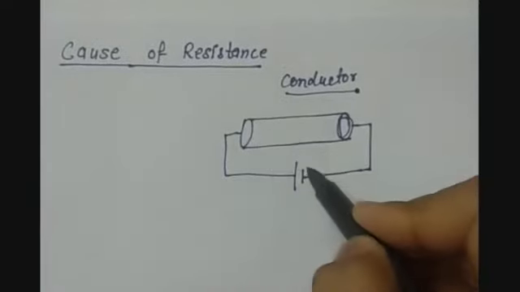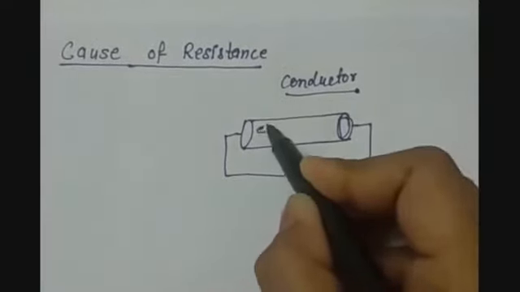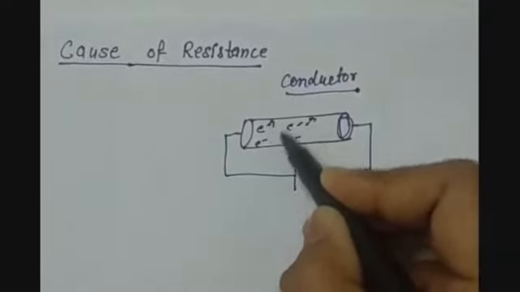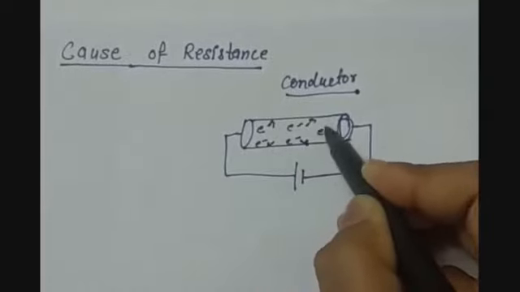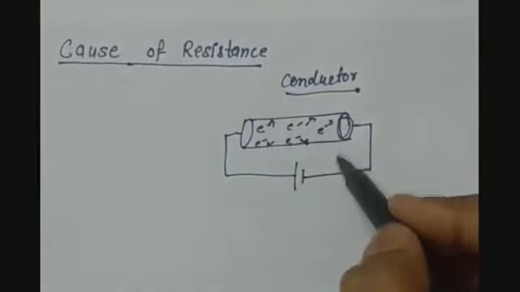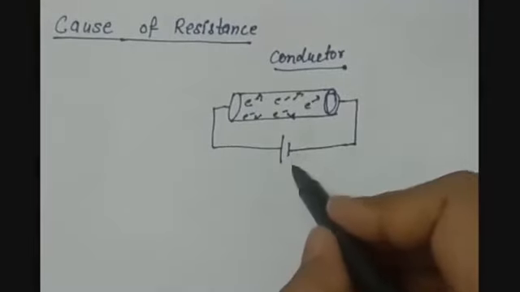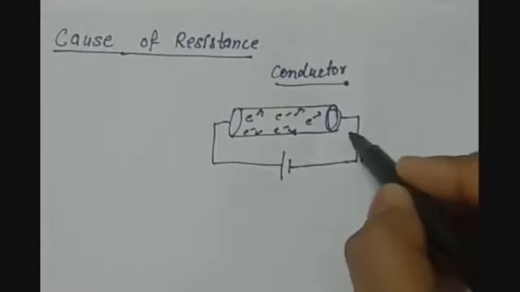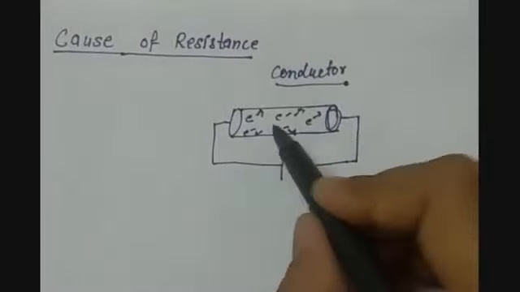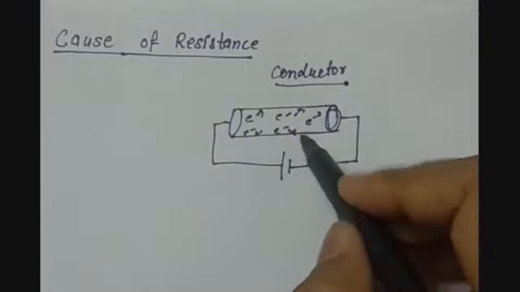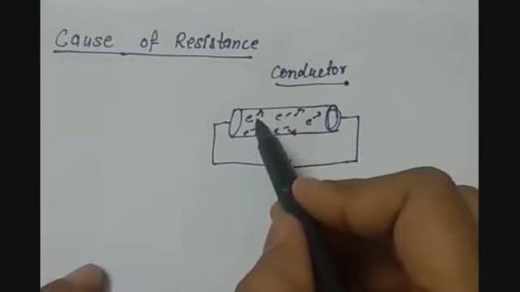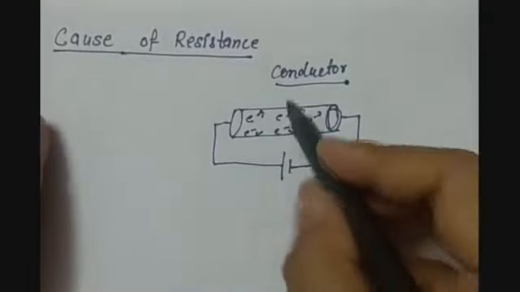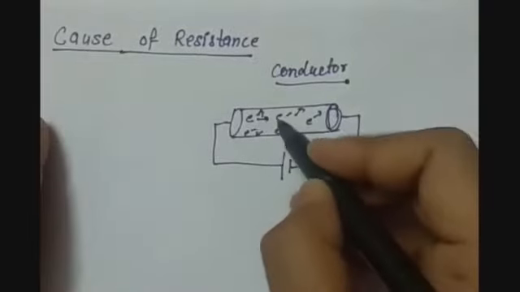Earlier, when this connection was not done, we were having free electrons which were moving in random directions. That means there was no flow of current. But as we have set up the arrangement of the battery, or you can say we have applied electric potential to the ends of the electric conductor, now these electrons will move in the electric field of the potential difference, and they will try to align their movement in this way.